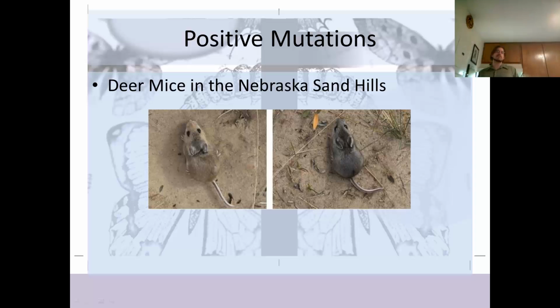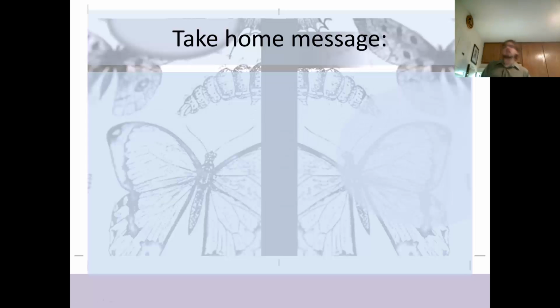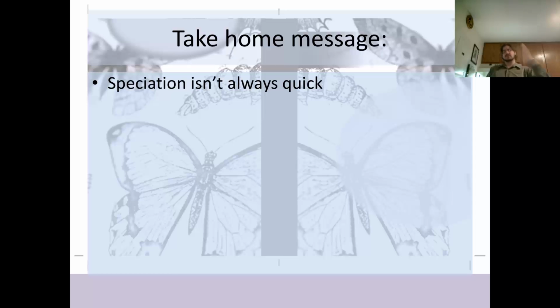So that's pretty cool. So our take-home message for this chapter is that speciation isn't always quick. And it isn't always drastic. There's not always a strong iron barrier between species. Sometimes it's as simple as timing or behavior, like birdsong. Sometimes it's just geography.